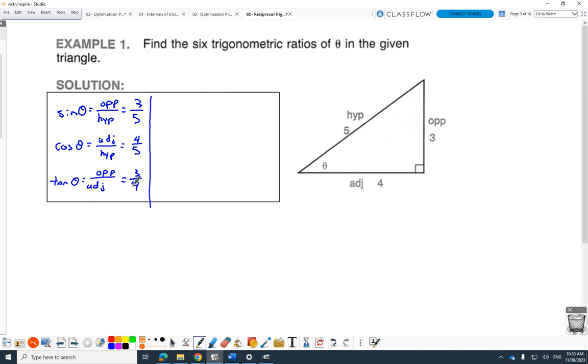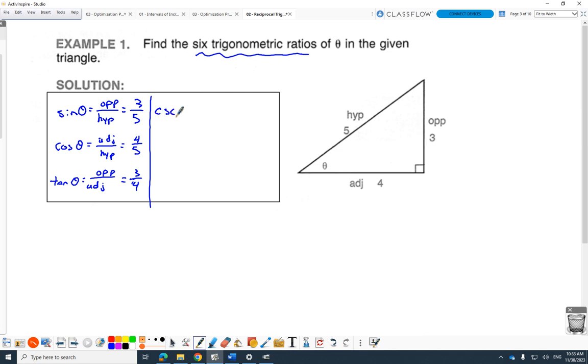But this said find the 6 trig ratios, which is big news today. There's not just 3, there's 6. So sine, don't peek. See if my memory tool is awesome. Which one goes with sine? What letter is it going to start with? CSC, good. He's sort of on it already.